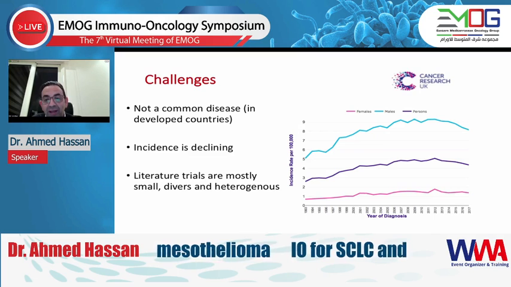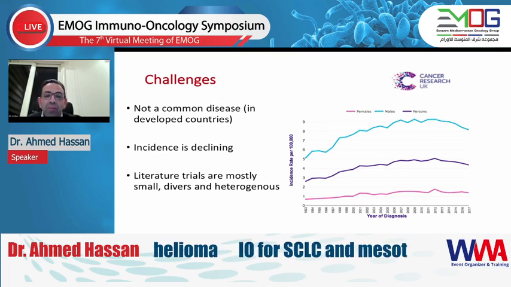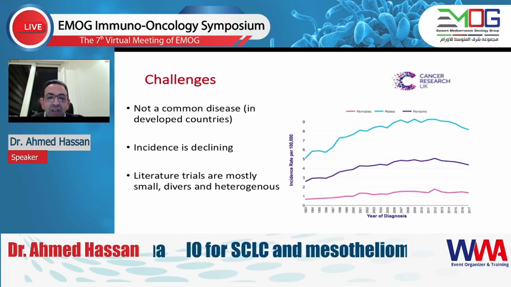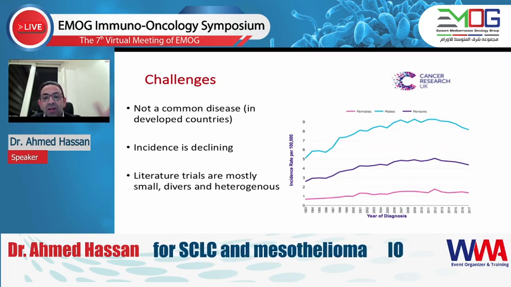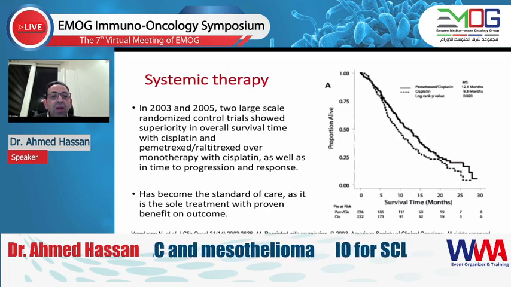So researchers and the pharmaceutical industry are not really very enthusiastic about conducting clinical research here, because they know that in the West, this disease is going to disappear over the next few decades.